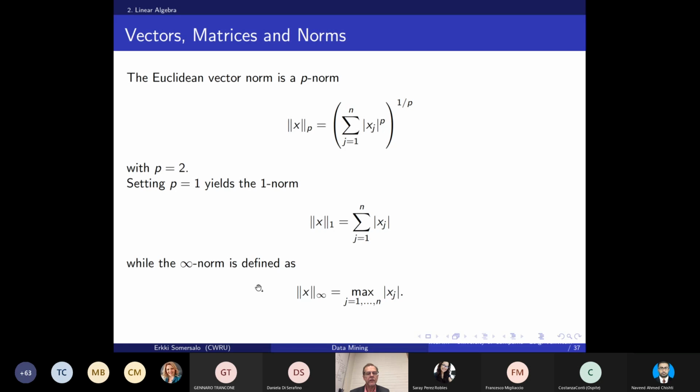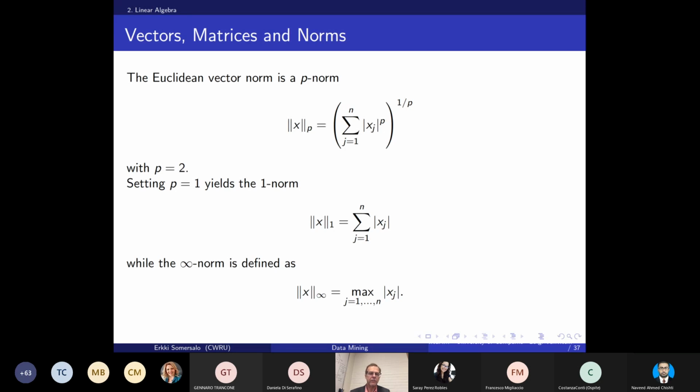Then the infinity norm is simply the maximum of the absolute values of the components of x. And if you wonder why it's called the infinity norm, it is because if you take this p norm and let your p go to infinity, then in the limit you get this maximum. Oh, by the way, this p here should be larger or equal to 1.